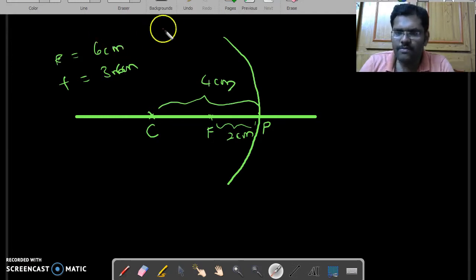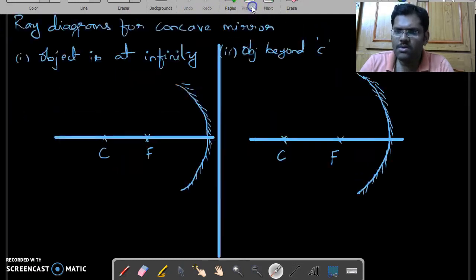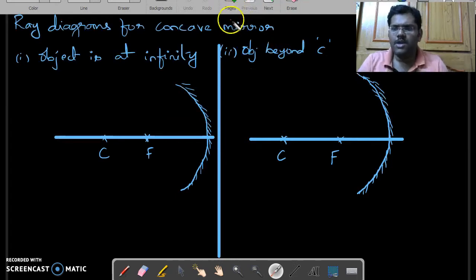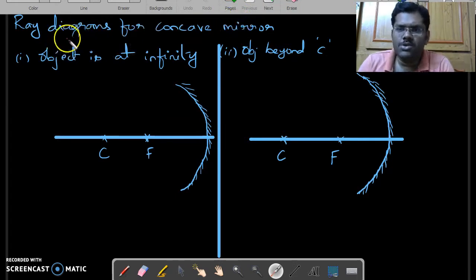Let us go for the ray diagrams for a concave mirror. I have prepared these previously. The first one is when the object is at infinity.